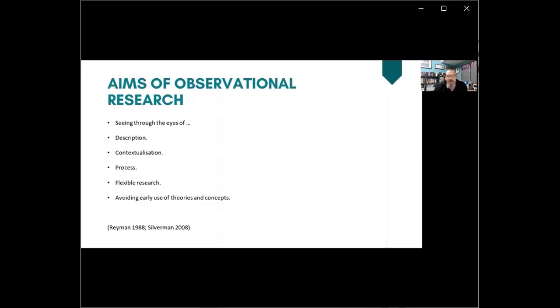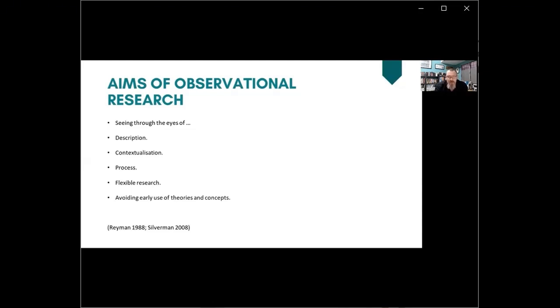Number 5, being flexible research. A preference for semi or unstructured research design rather than imposing prior frames of reference onto the study. Now that helps us to be able to think through whether we have perhaps framed our research question or questions correctly, as well as whether or not the intended theoretical frameworks we have got or any other aspect of the research is actually 100% spot on for what we're doing.